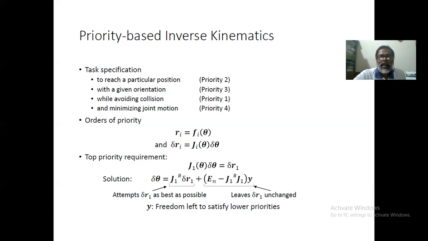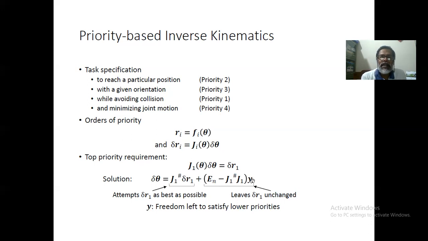Because outside the manipulable space it cannot project, and from that manipulable space, as it is inverted back by J1 hash, then actually you should get Y back, but you do not get Y back. Only that component of Y you get back which is in the OCRS. The redundant space component you lose in the process. Therefore, if you subtract this matrix from En, that would give you only the component in the redundant space.